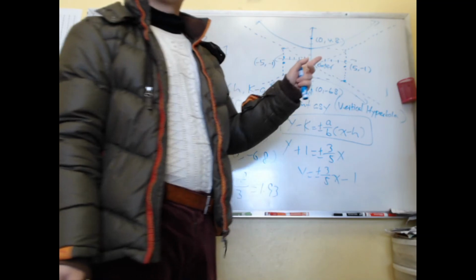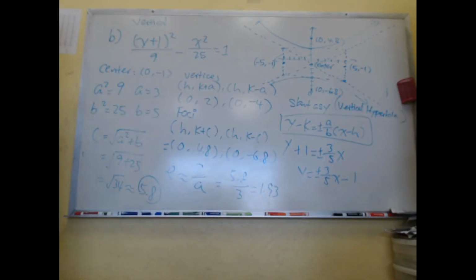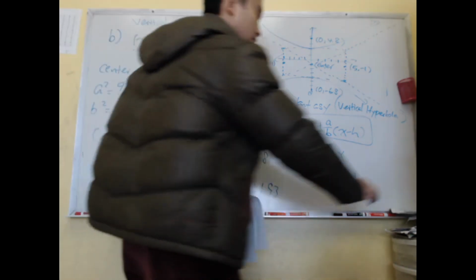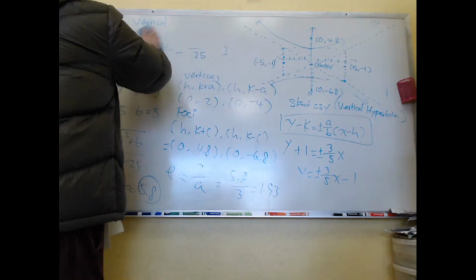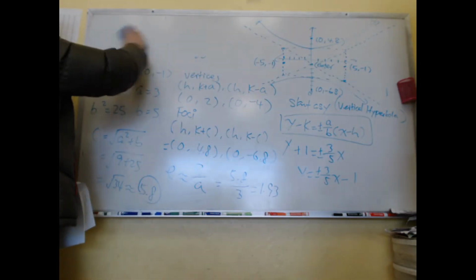The point where they intersect is always the center. Okay, so let's find out the center. And then from the vertices, we can determine the equation of the hyperbola. Okay, so here's what we got in the given.